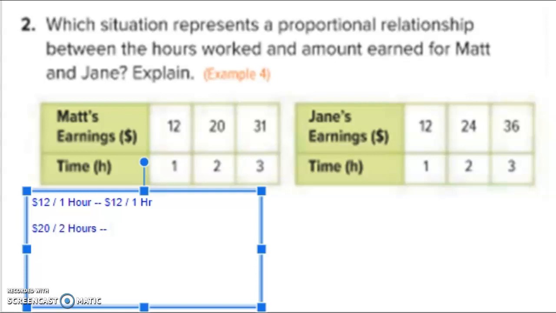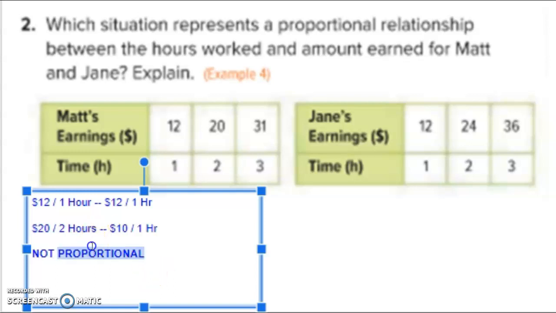Again, numerator 20 divided by 2, denominator, and we will get $10 per 1 hour. Now I know that there's another number in that chart. However, I can already see that $12 an hour and $10 an hour is not the same thing. So that is not proportional.